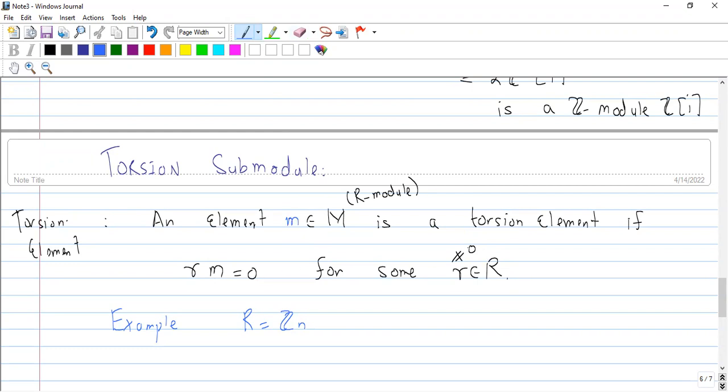So if after multiplication with some non-zero element of R you get the answer 0, then we say that element m is a torsion element. Let's write it through an example: let Z6 be a Z module.